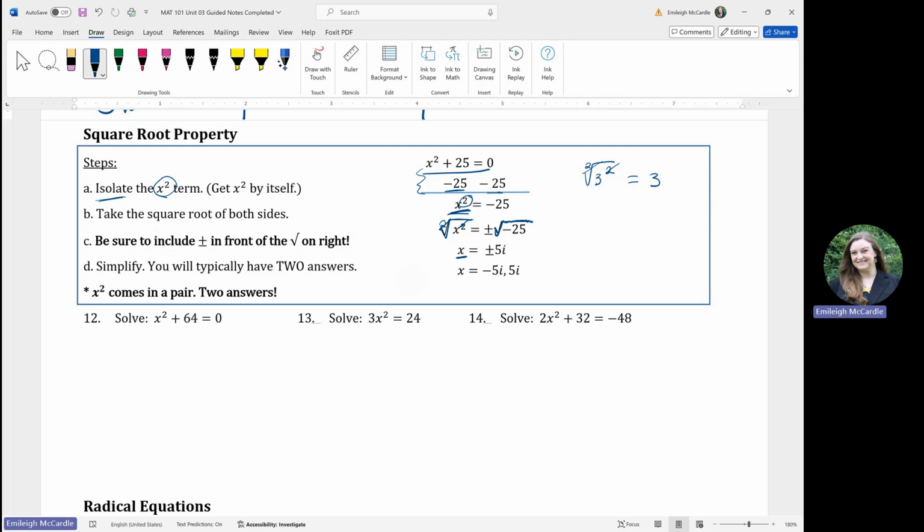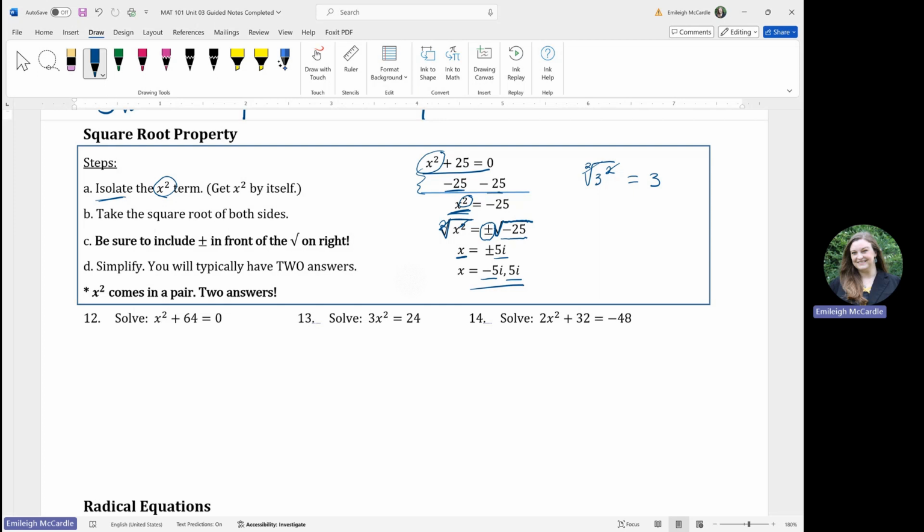But there's one special thing we have to do with this problem, and that is putting the plus minus in the front there. So it's almost like our absolute value with the plus minus. Very similar, just where we put it is different. And then we simplify this. The square root of negative 25 is 5i, and that plus minus gives us our 2 answers. So starting out with an x squared means I'm getting 2 answers that are the same, just different signs.